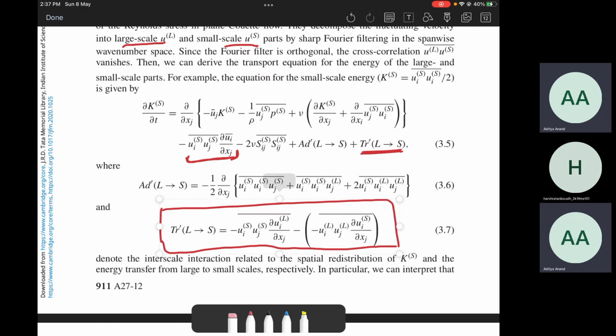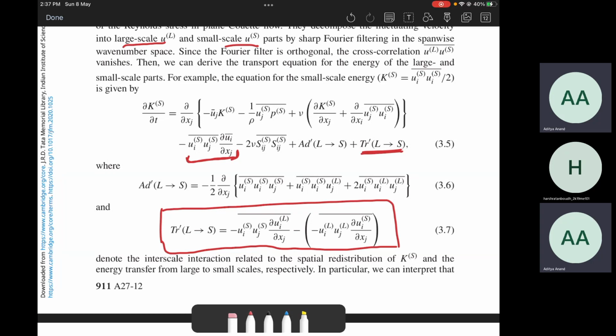So, did you understand this part so far? Okay. So this here quantifies the transfer of energy from large to smaller scales.